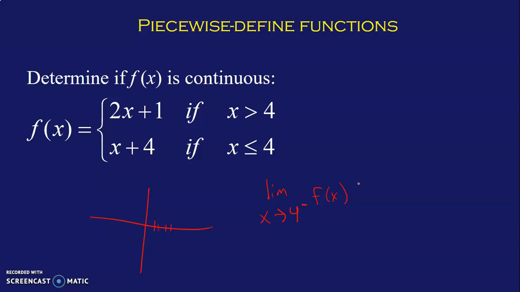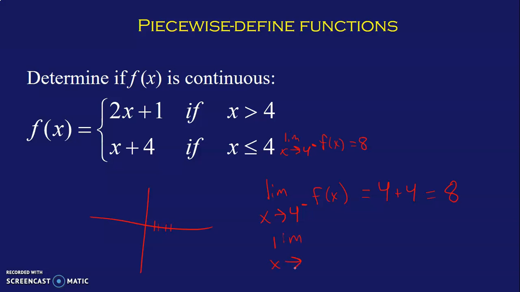So it's going to be x plus 4, and as x approaches 4, that would be 4 plus 4, which would be equal to 8. So the limit as x approaches 4 from the left of f of x is equal to 8.